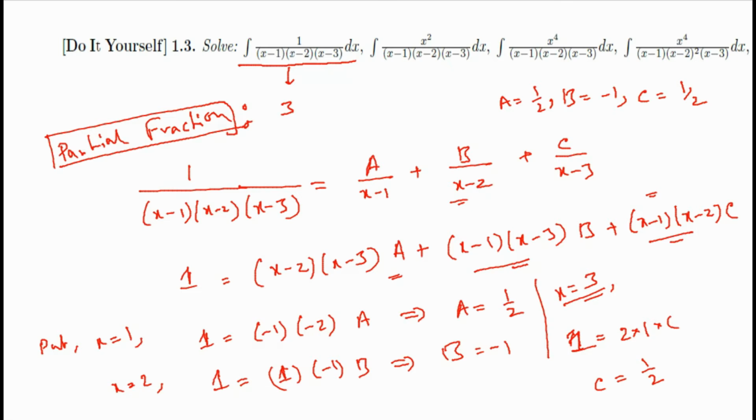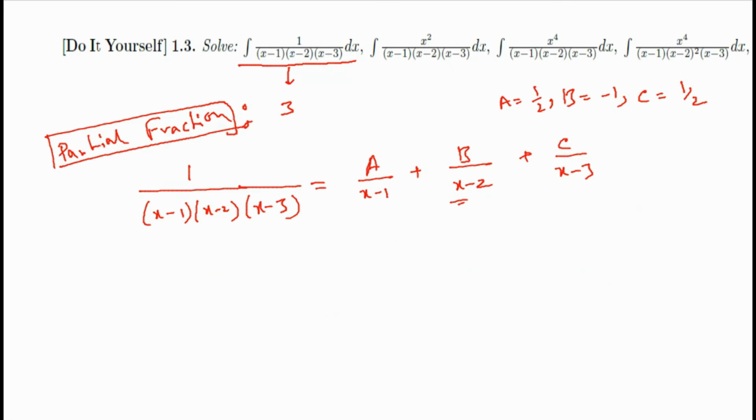So let me just clear the board, and you will have 1 by 2 into 1 by x minus 1, minus 1 by x minus 2, plus 1 by 2 into 1 by x minus 3.